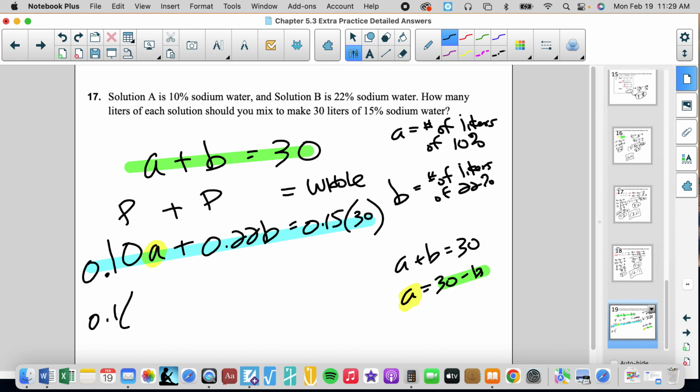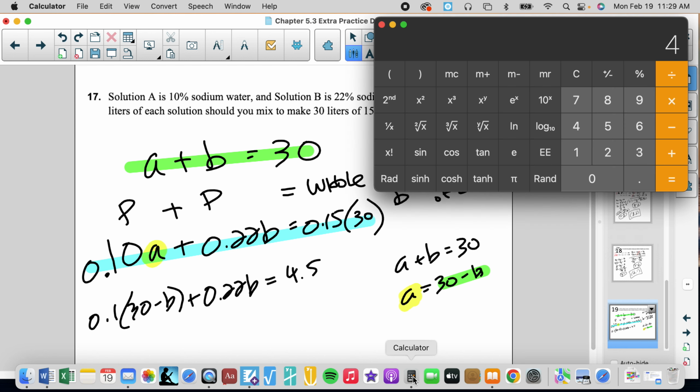0.1 times, instead of writing A, we're going to write 30 minus B, plus 0.22B equals, and what's that, 4.5? 0.15 times 30, no, it's got to be 4.5.